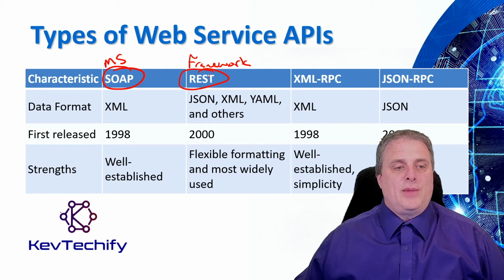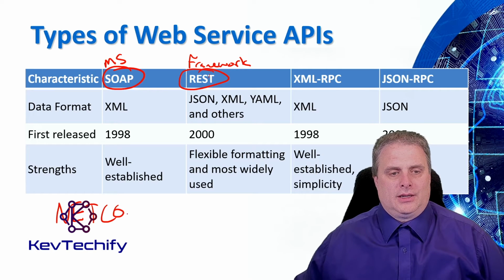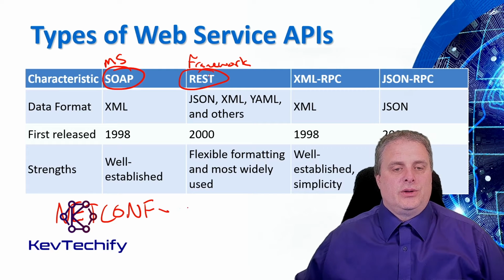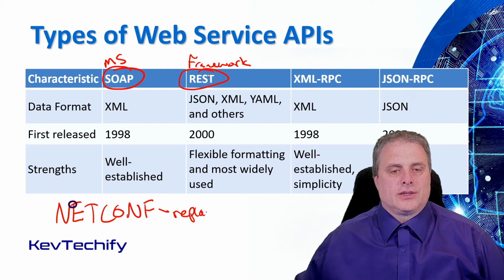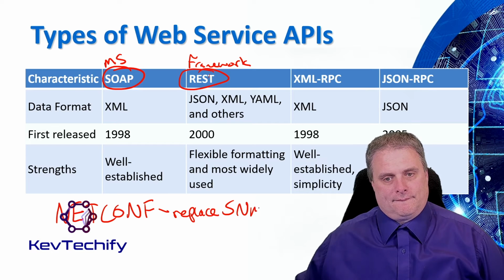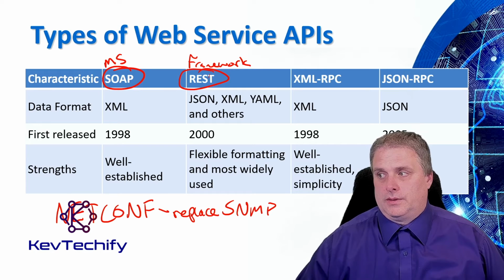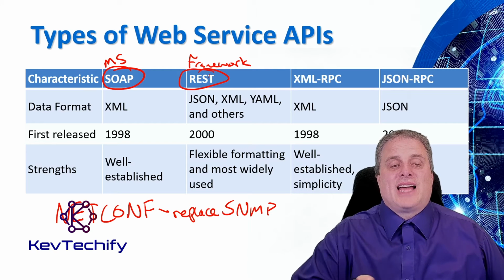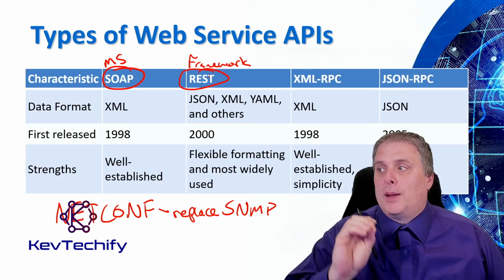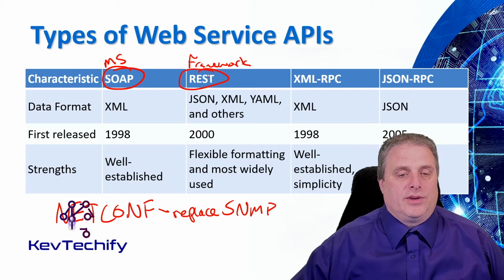Another web service API we have is NETCONF. What this is designed to do is to replace SNMP. And it's designed to be a programmatic interface between management programs and network devices.